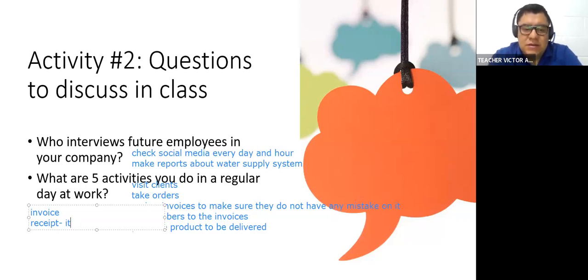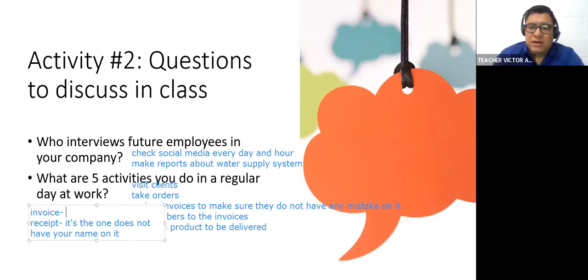A receipt does not have your name on it, right? Like for example, when you go to Super Selectos, they give you a receipt. It's the description of the product, but your name is not on it.